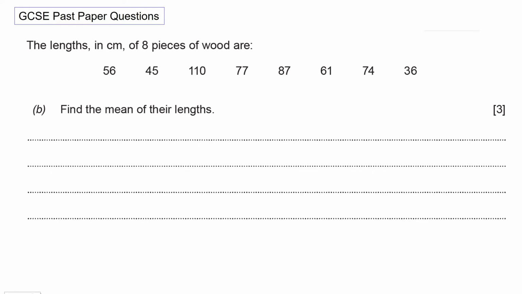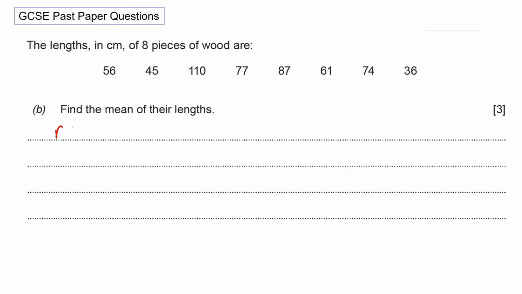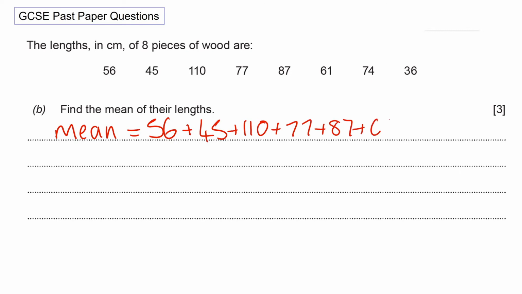Here we go then. So by now hopefully you should know that to work out the mean, we add all the numbers in the data set together, making sure that we show our workings to gain all 3 marks. We divide the sum of those numbers by however many numbers there are, so in this case there's 8.